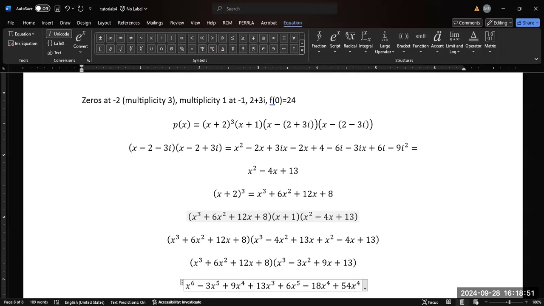Oops. And then 6x squared times 13 is 78x squared.